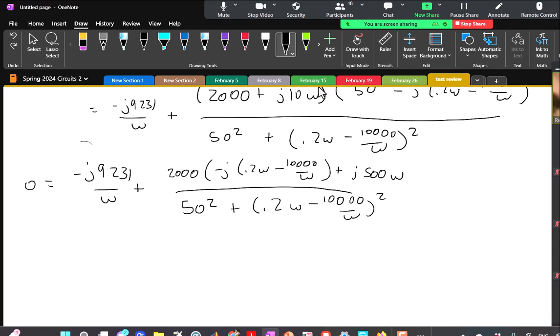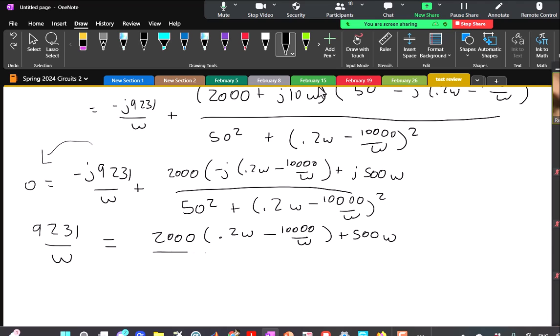I can take this to the other side, 9231 over omega, and on this side I have 2000 times 0.2 omega minus 10,000 over omega plus 500 omega over 50 squared plus 0.2 omega minus 10,000 over omega squared.